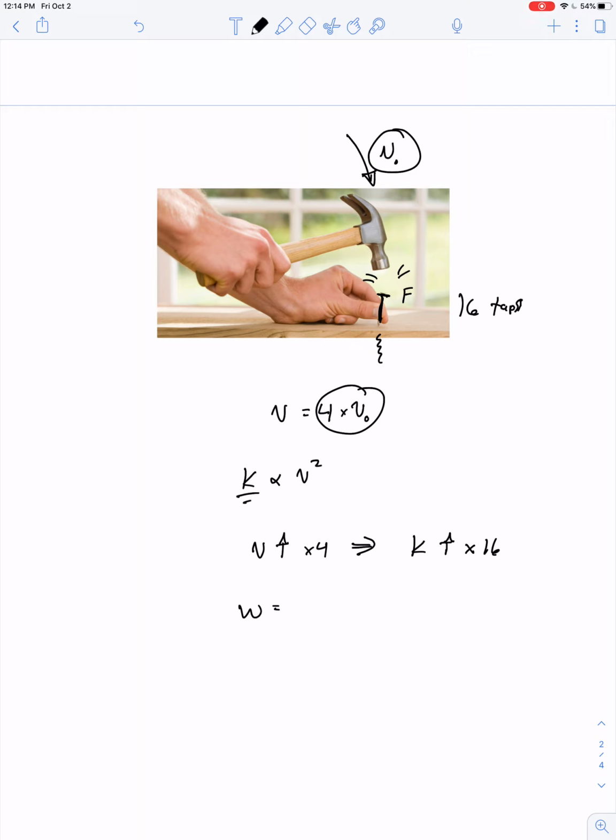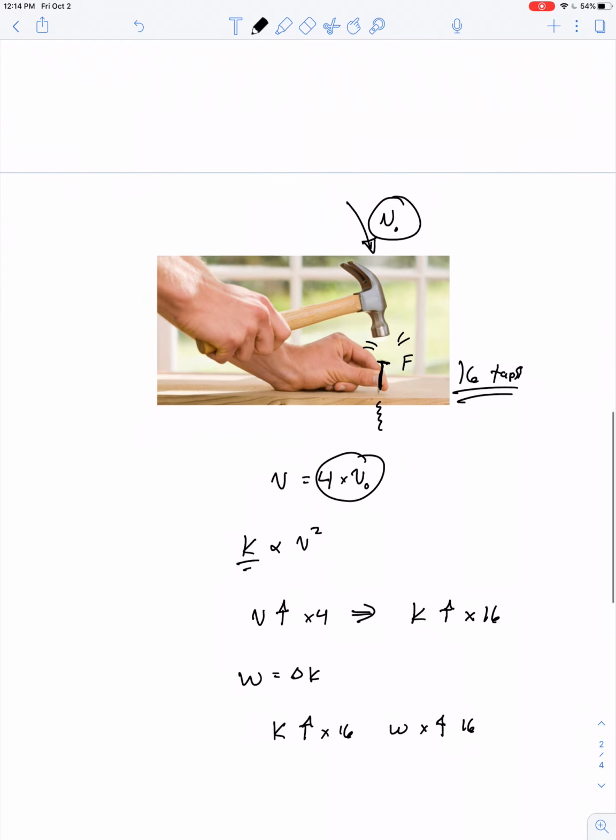Okay, so work is equal to change in kinetic energy. So if the kinetic energy goes up by a factor of 16, then the work done can go up by a factor of 16. So you can overcome the same frictional force with that many fewer taps of the hammer on the nail.